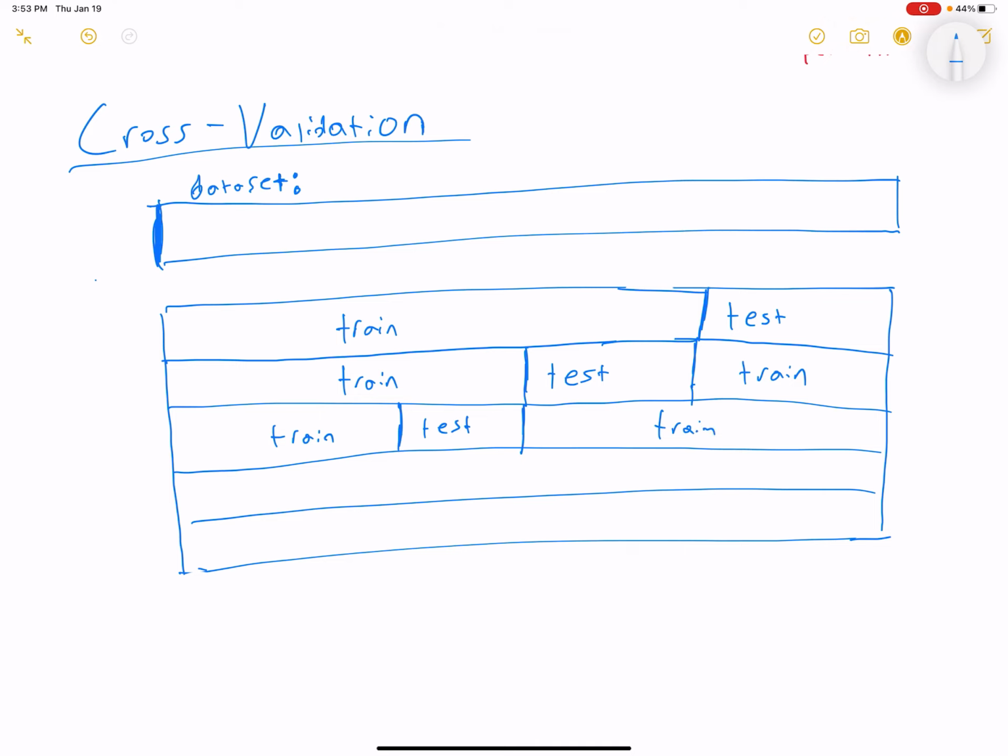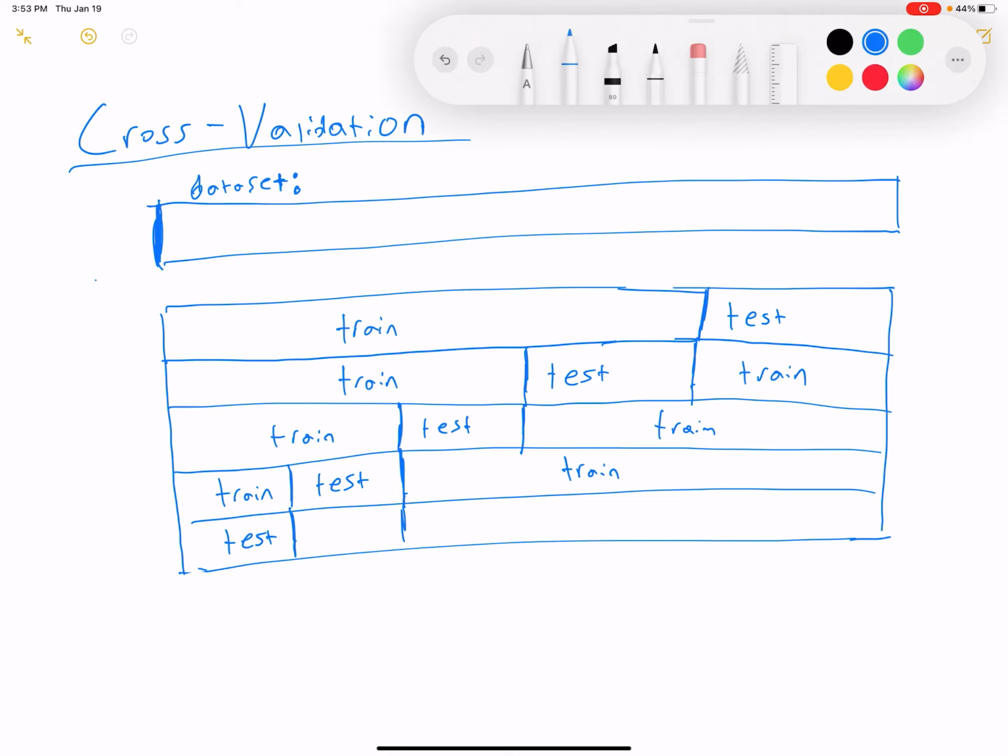In these, everything below the first fold, the training set collectively consists of the left side and the right side. In fold 4, test set is here, train, train, and finally test.